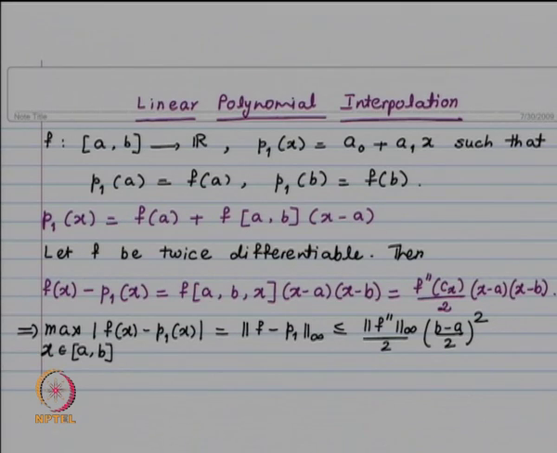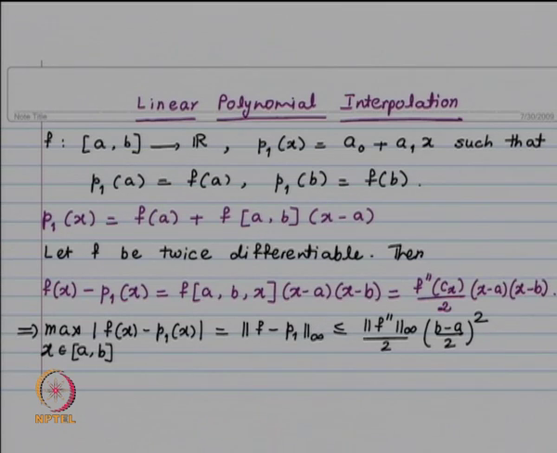So, this bound we will write for the interval [t_i, t_{i+1}], and the bound will be the norm of f double dash, infinity norm, divided by 2, where b minus a will be replaced by h, so (h by 2) squared. So, that will be for the maximum of the modulus of f(x) minus g_1(x), where g_1 is our piecewise linear continuous function, for x belonging to [t_i, t_{i+1}], but then the bound is going to be independent of i.